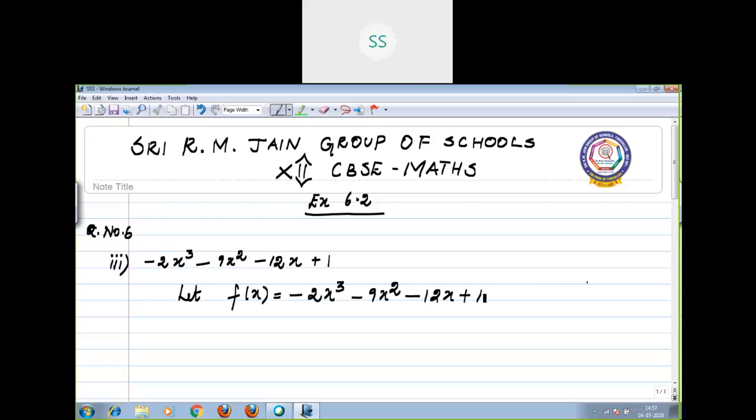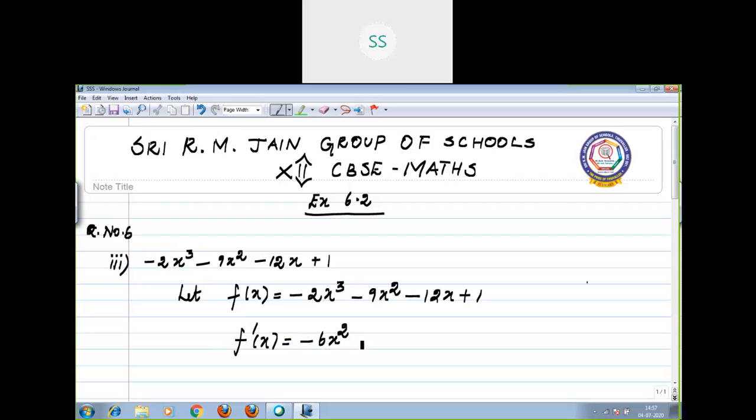Next step, I told you to do differentiation, right? F dash of x equal to minus 6x square. Here you are applying the derivative of x power n equal to n into x power n minus 1.